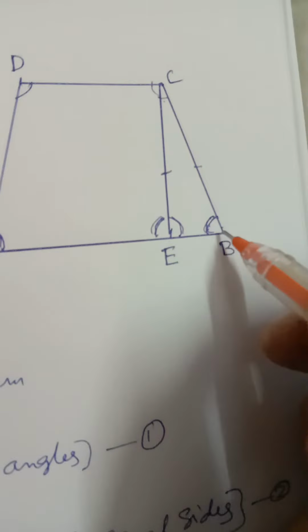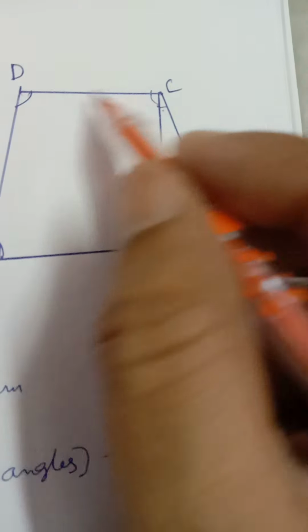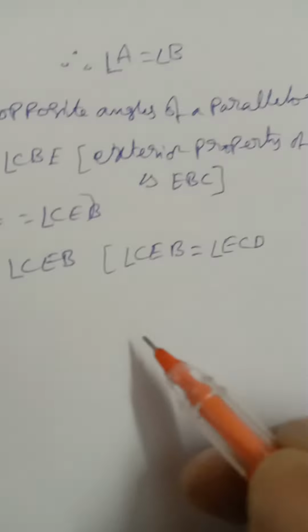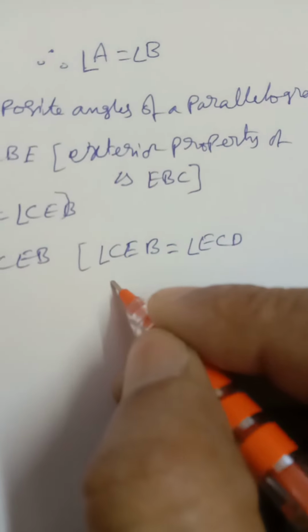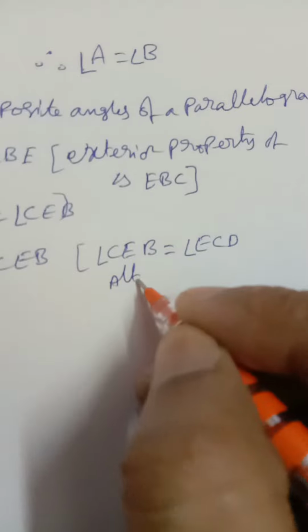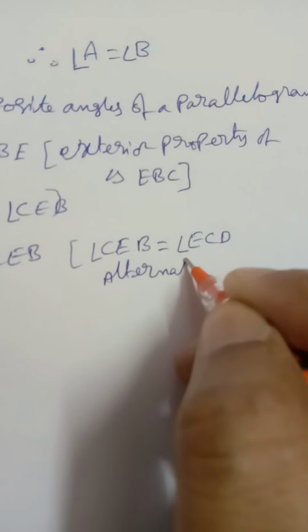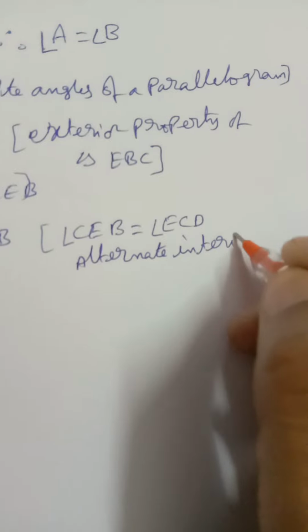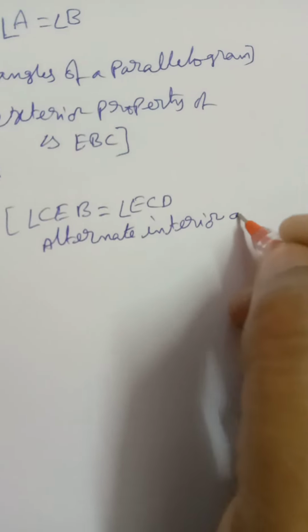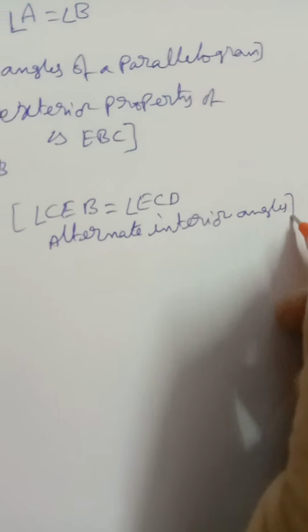Angle CEB is equal to angle ECD, alternate interior angles are equal.